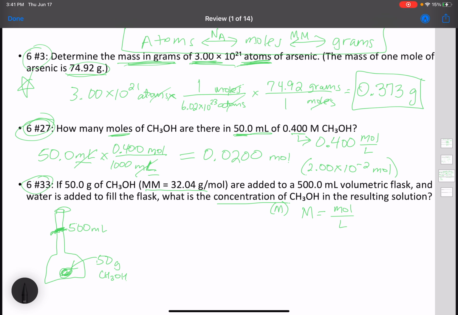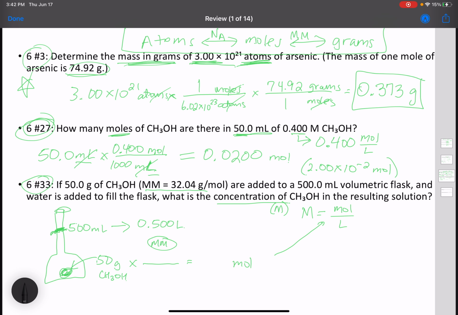Well, I don't have moles, but I do have mass, and I can multiply that by the molar mass in order to get moles, which I can then plug in on top. And I don't have liters, but I do have volume in milliliters, which I can easily convert to liters by dividing by 1,000.